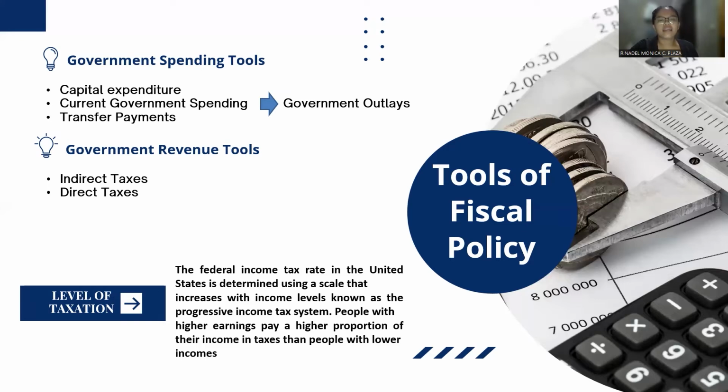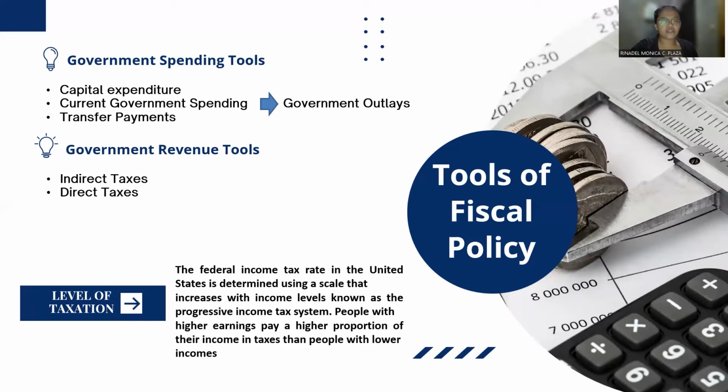Just like in our tax system in the Philippines, we are using a progressive income tax system. It means that people with higher earnings pay a higher proportion of their income in taxes than people with lower incomes.